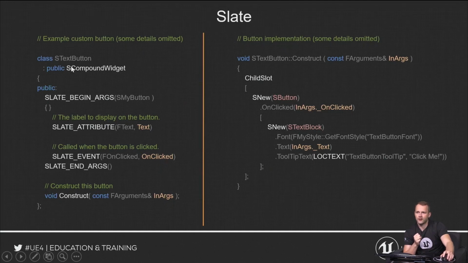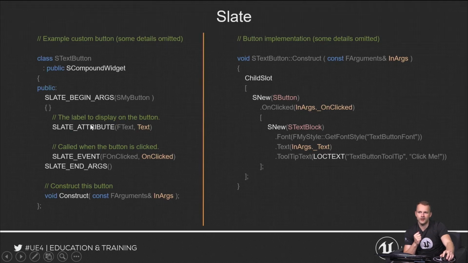Let's take a quick look on the left side here at the declaration of the text button class. There are some more macros that you don't have to understand right now, but sooner or later you'll get used to them. At the very top, this whole block here, we declare the attributes and arguments that our widget provides.